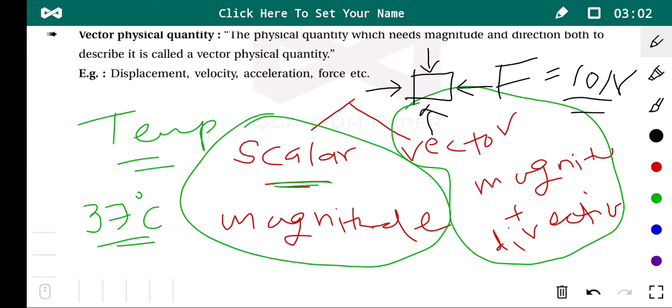So for a force we need magnitude, and another thing is direction. So whenever we need a magnitude and a direction to describe a physical quantity, that physical quantity we call a vector quantity.